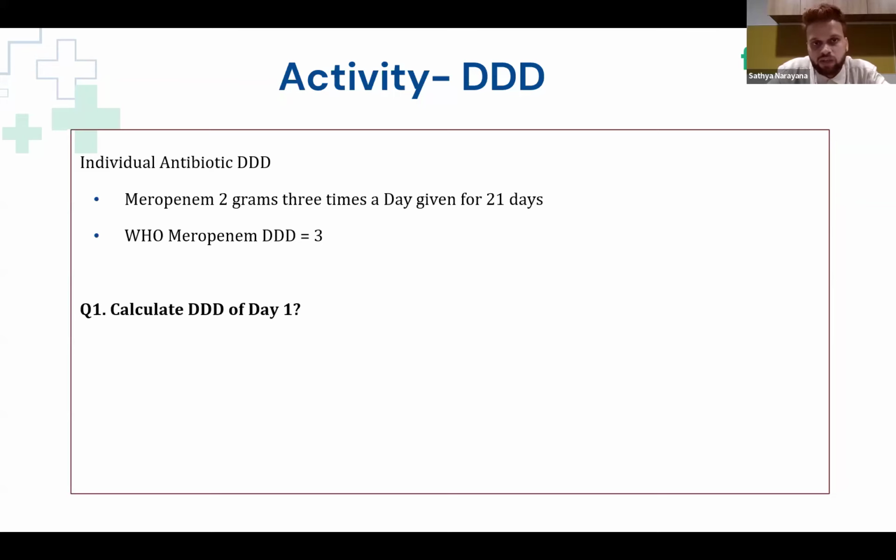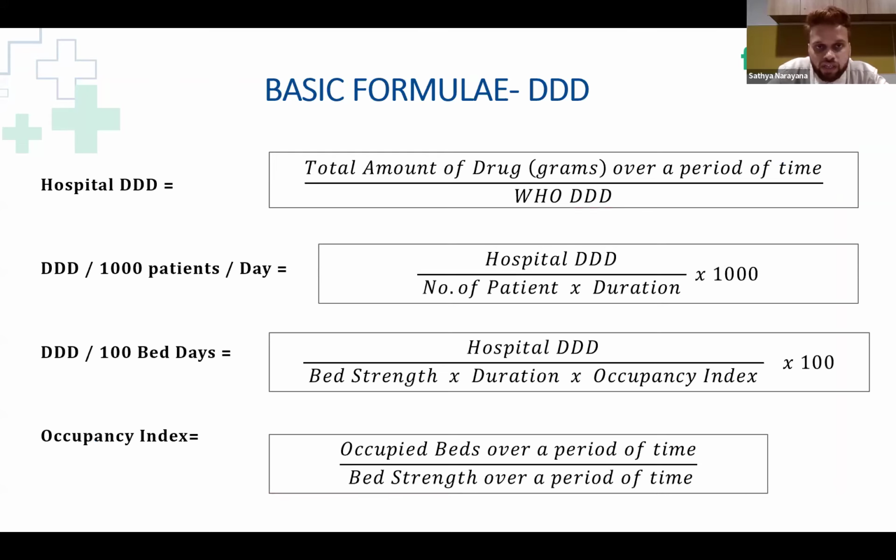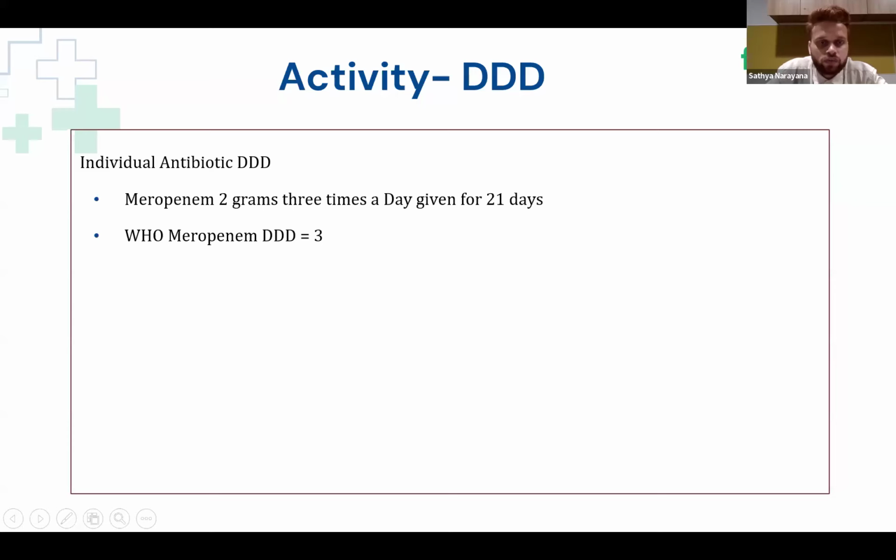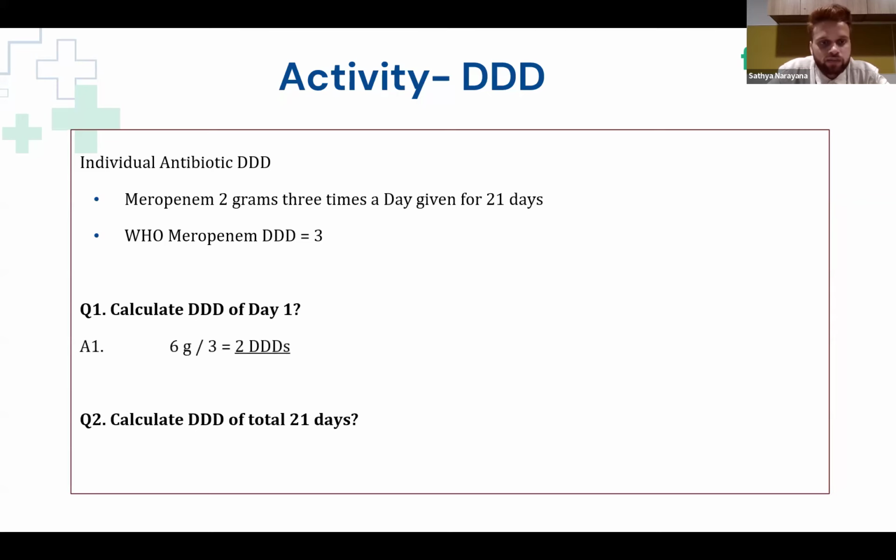So it would be totally 6 grams. 6 grams divided by 3, the WHO given DDD value, is the total amount of drug over a period of time by the WHO DDD value. This is how we deal with the first step, and the answer would be 2 DDD. And when we are calculating for 21 days, we just calculate 21 times 6, which is 126. Again we divide it by the standard value of meropenem, which is 3, and that gives 42 DDD per 21 days.